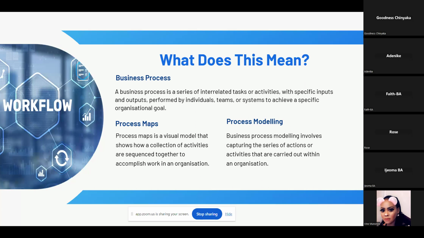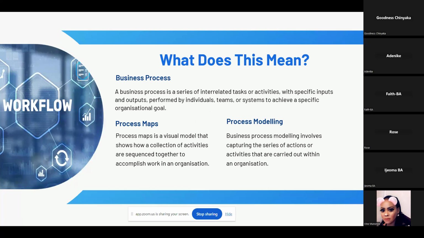To model it, you now want to think about, okay, what is this process? Let me break it down. Let me list out all the steps sequentially, how it happens. Then once you're done modeling, you can create a process map. So you've gone through what the sequence is.